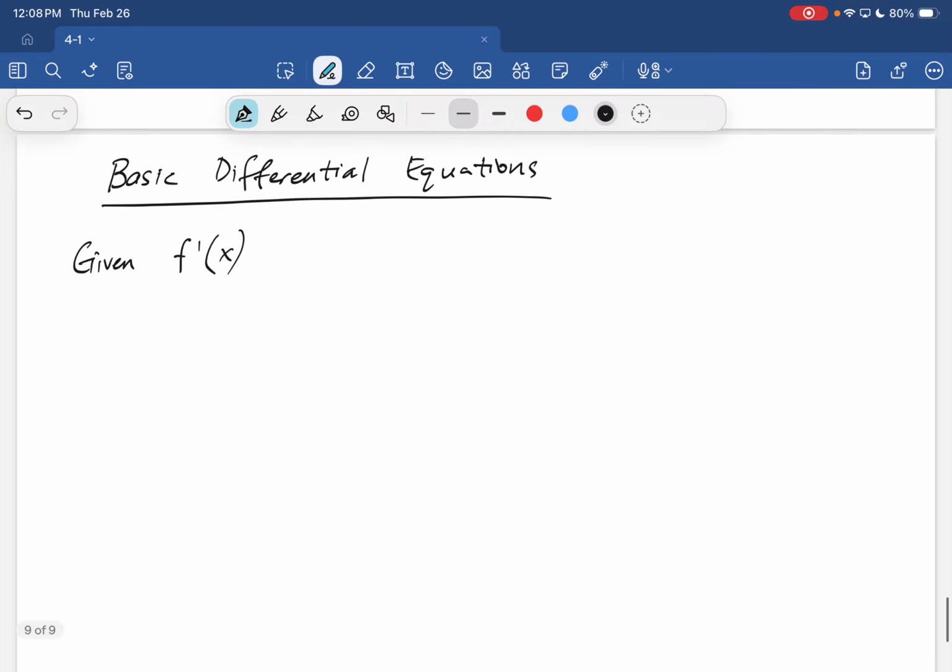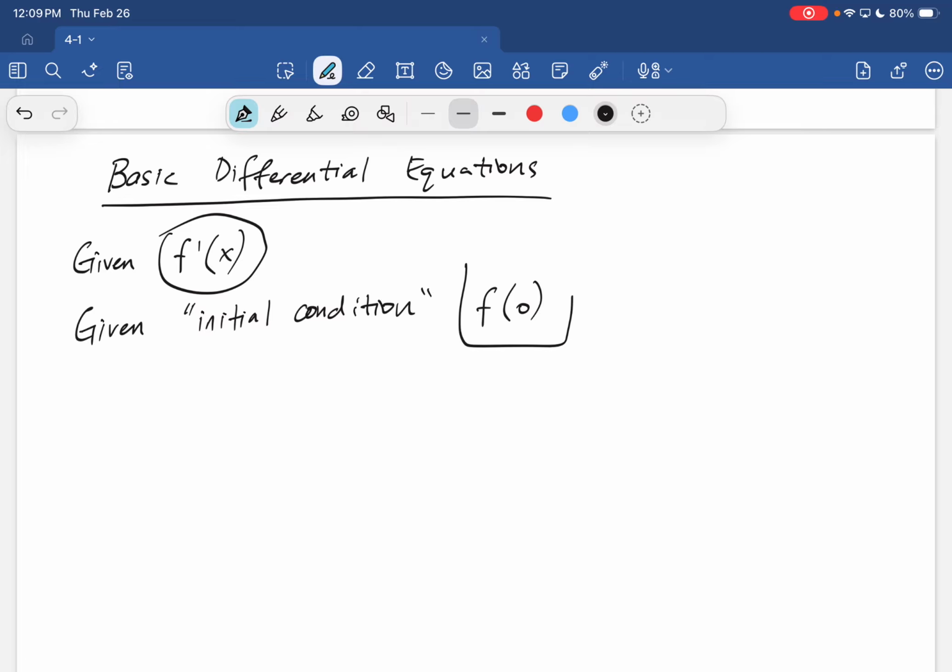I'm listening. You're given f prime of x, and you're also given what is called an initial condition. So an initial condition is basically something like f of 0. So you're given both the derivative and also the value of the function at a certain point. And what you're trying to find is the original function.